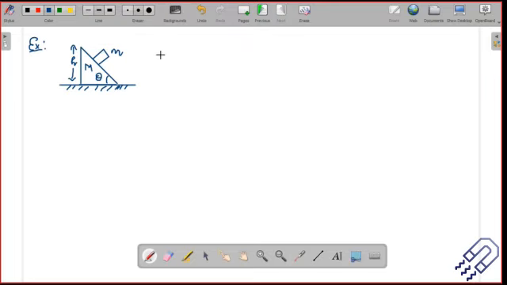Okay, and it says that this mass m can slide, okay, through the inclined plane, right? Through the inclined plane. That's the first information that is being provided, okay, inclined plane on the wedge.